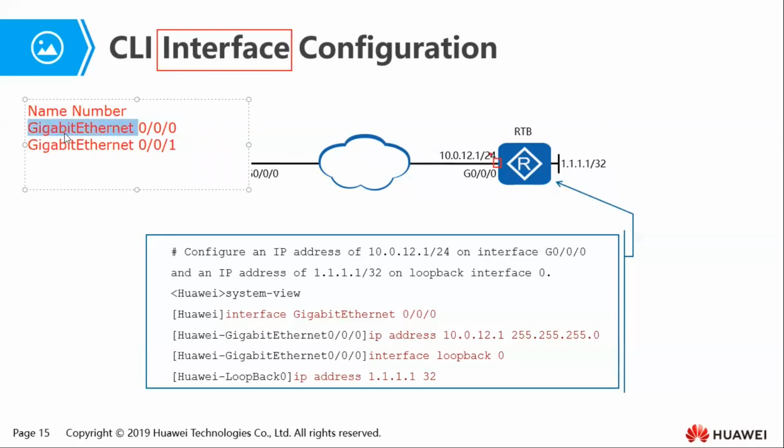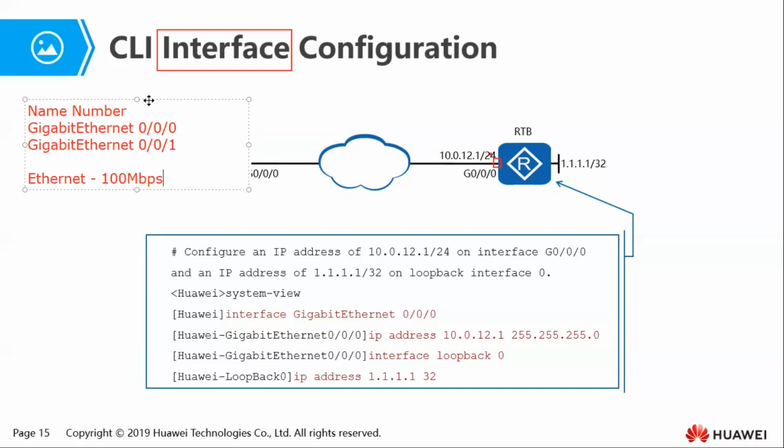Gigabit Ethernet can do 1 gig per second. If the interface has the name Ethernet, then it can only do, I think, 100 megabits per second. So the name and the number is what we call an interface.